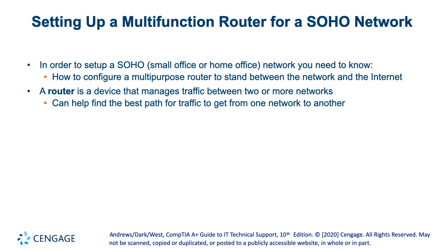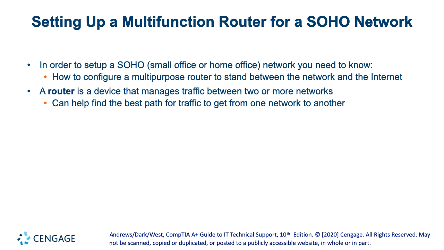I've talked a little bit about routers, but now we're going to talk about the small office, home office router, or SOHO router. A router is a device that manages traffic between two or more networks. And to set up our SOHO network, or small office, home office, you need to know how to configure a multi-purpose router. The multi-purpose router combines multiple network features such as a router, switch, DHCP server, and firewall.